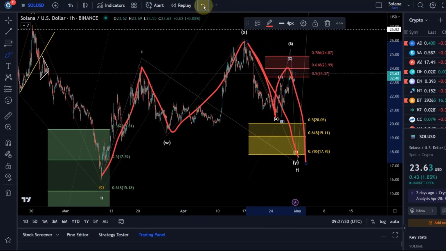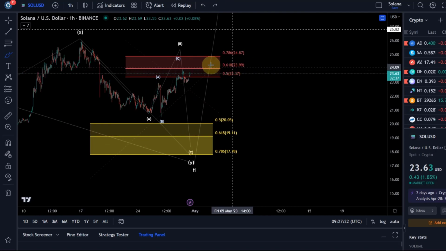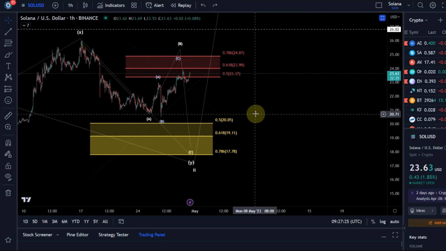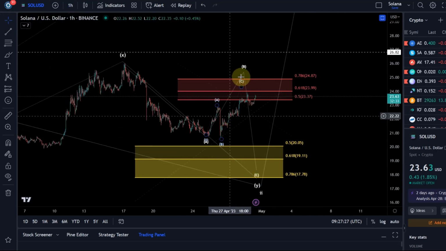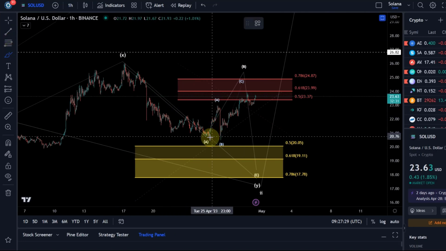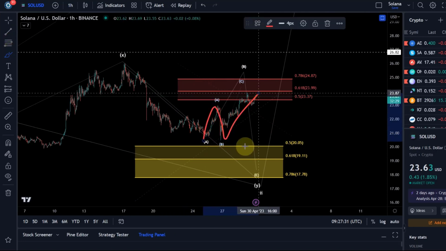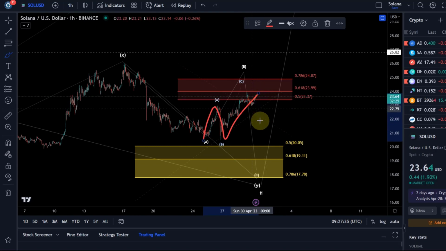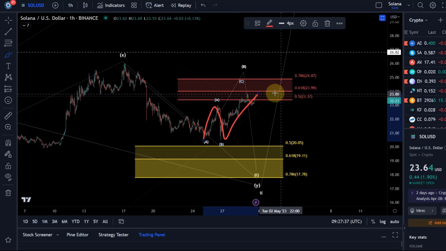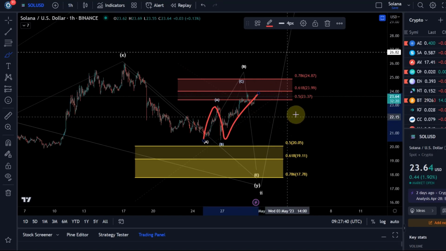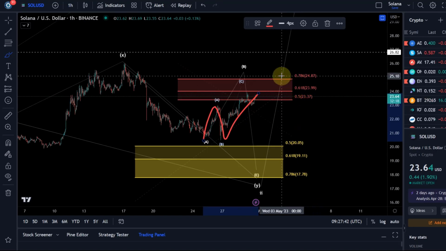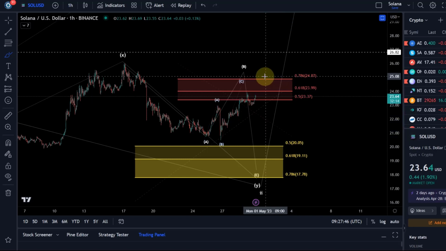As announced earlier in the week, I was expecting a B wave to the upside, which is happening at the moment. This B wave to the upside plays out as follows: A, B, C. And we could now be in the C wave of the larger B wave. Resistance for B, or let's say standard resistance, is between 23.40 and 24.90. B waves are extremely difficult.